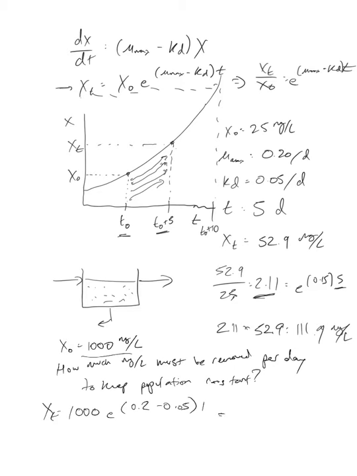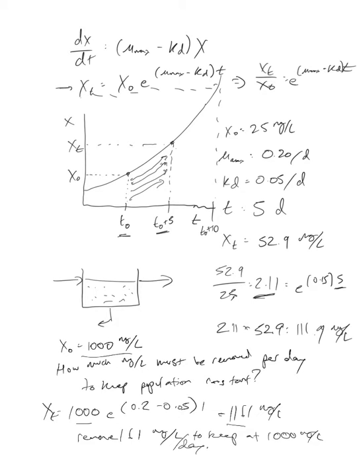Yeah, so x sub t is equal to 1,161 milligrams per liter. We went from 1,000 to, after 1 day, 1,161. So if we want to keep this constant, we need to remove 161 milligrams per liter to keep at 1,000 per day, right?